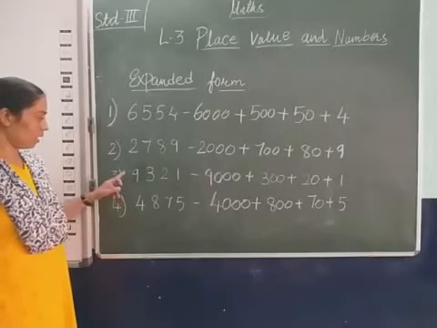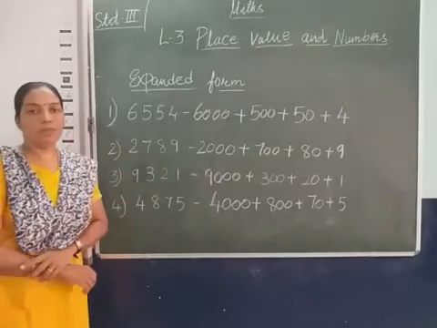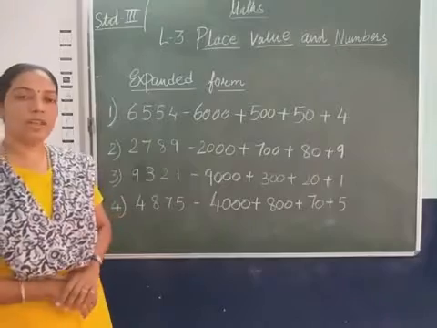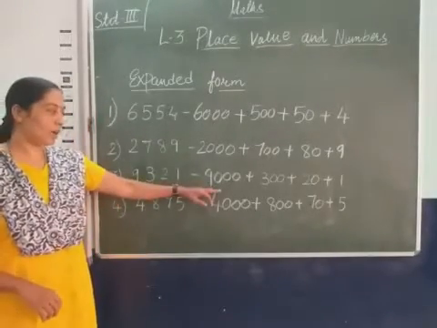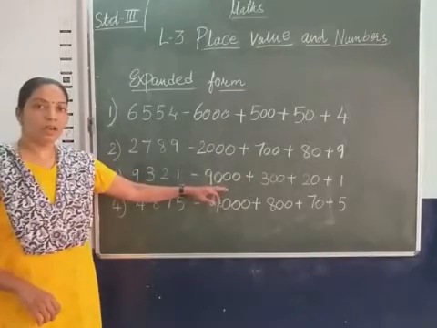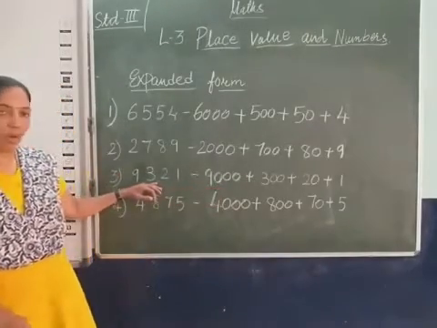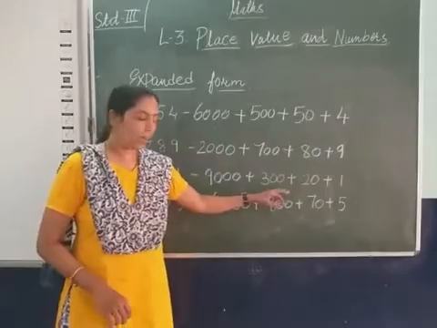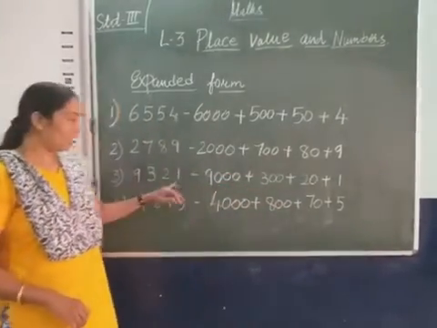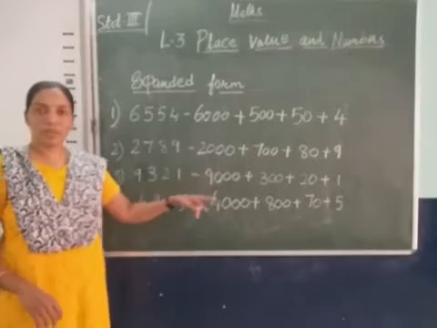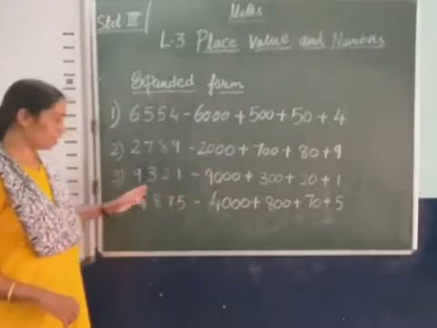The next number is 9321, we read as 9321 and its expanded form: 9 is on the thousand place, so we will write here 9000, 3 on the 100 place 300, 2 on the tens place 20 and 1, so we write plus 1, ones place.